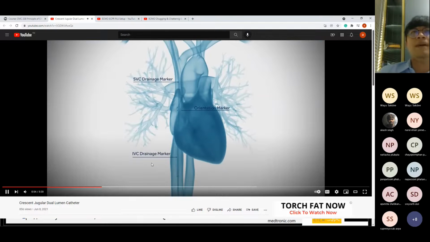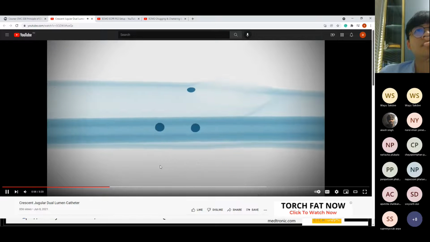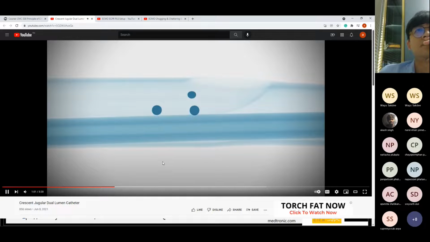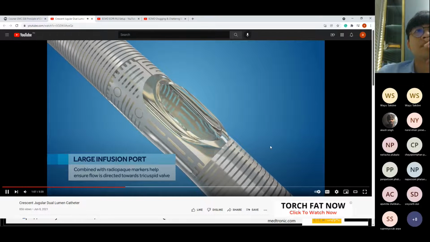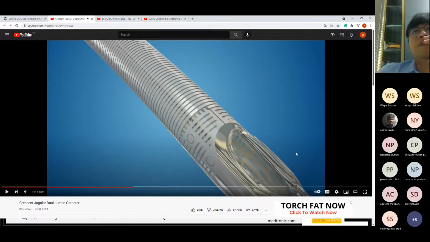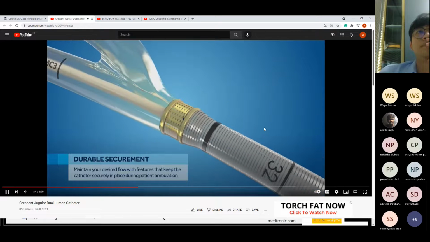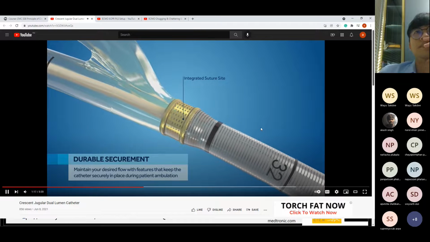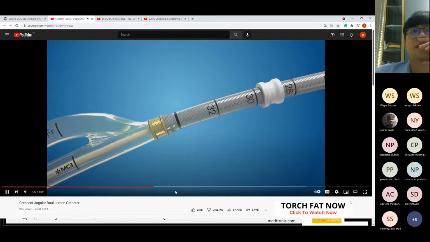It also has a radio marker, so the marker is used to recheck the position. The tip is going to be near the tricuspid, and this is used to fix the position.